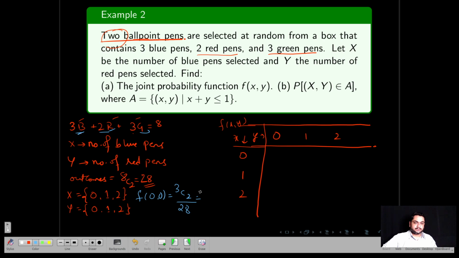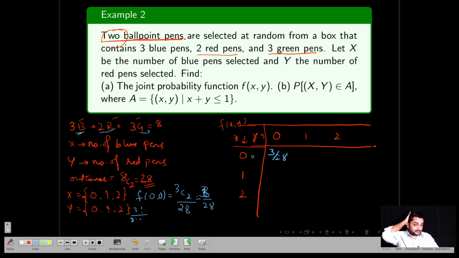So 3C2 is 3 factorial divided by 2 factorial into 1 factorial. So it is 3. Okay, so we'll write it 3 by 28.